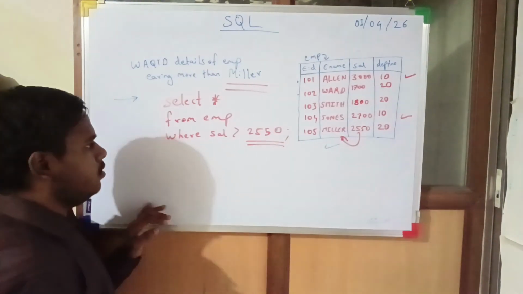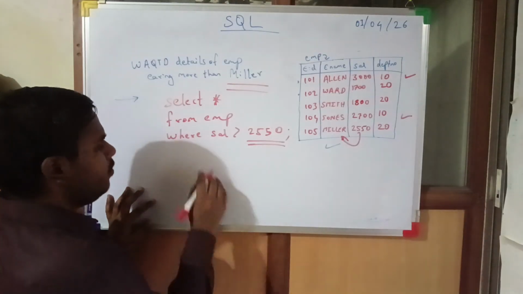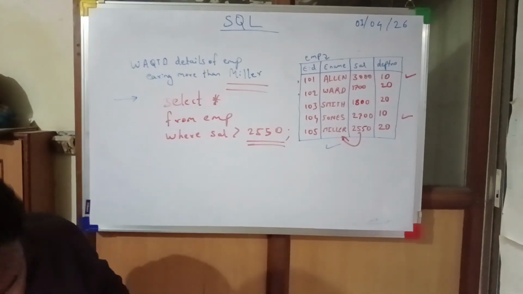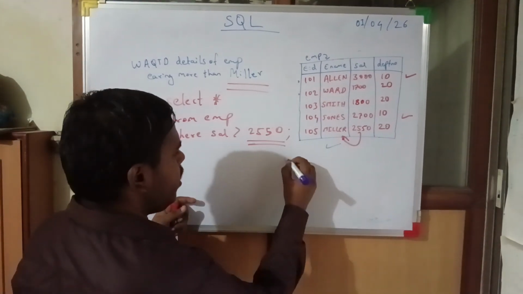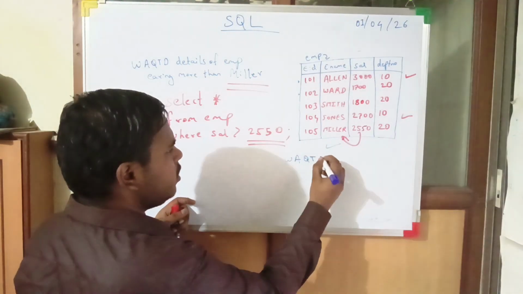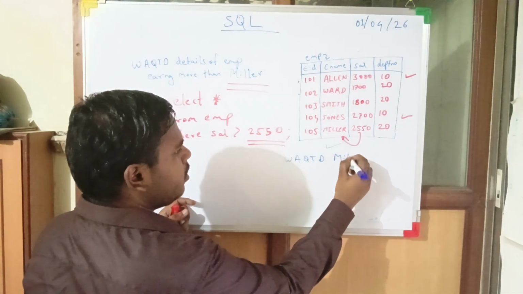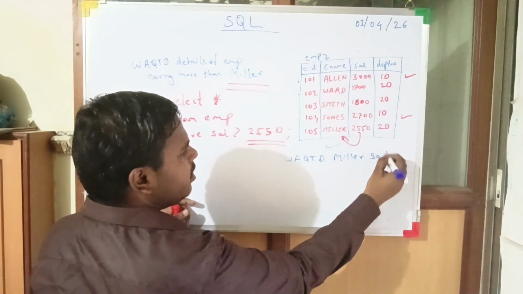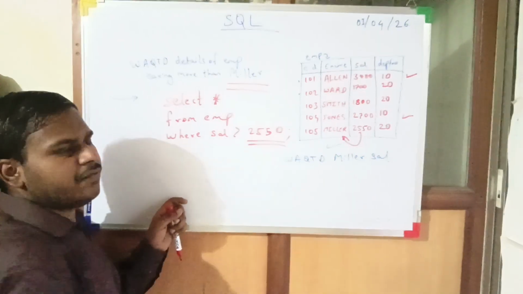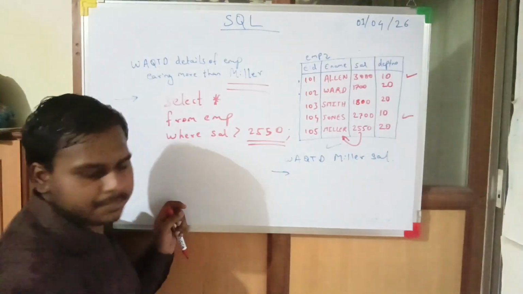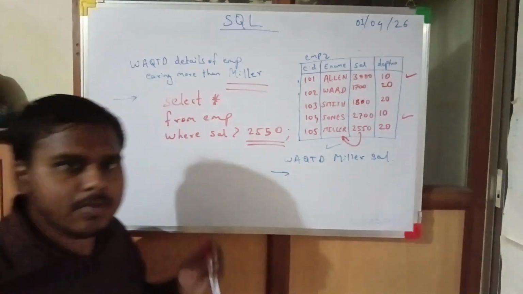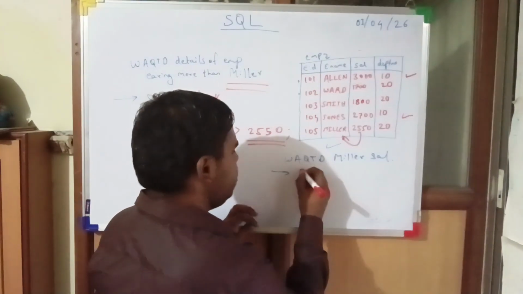Now if I give you a question like this: write a query to display Miller's salary. Only this question, how will you solve the query? You will solve it like this.